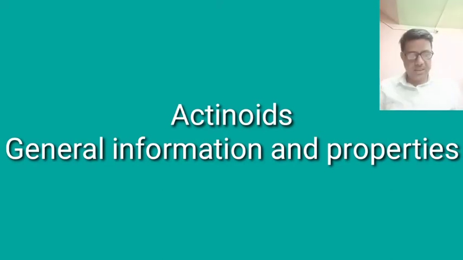Now we see the details, the properties of actinoids. First, they appear silvery white in color. Then they are highly reactive radioactive elements. Their atomic and ionic radii from actinium to lawrencium go on decreasing, known as actinoid contraction.